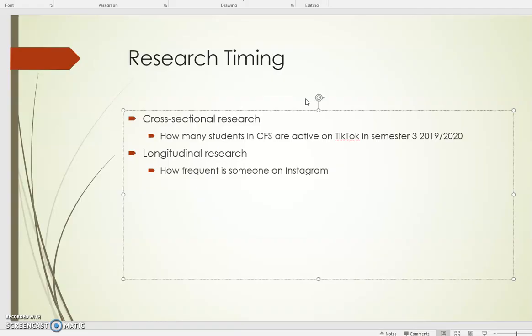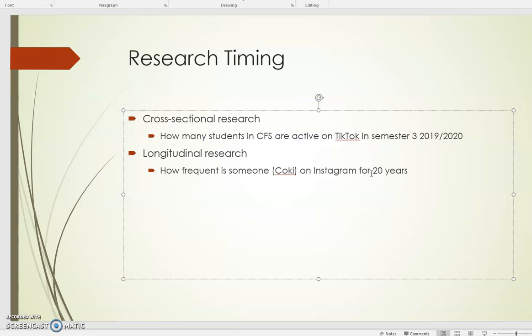Let me give you a simple example. A longitudinal research of how frequent someone is on Instagram. Say, for example, how frequent someone, say Chucky, is on Instagram for 20 years.